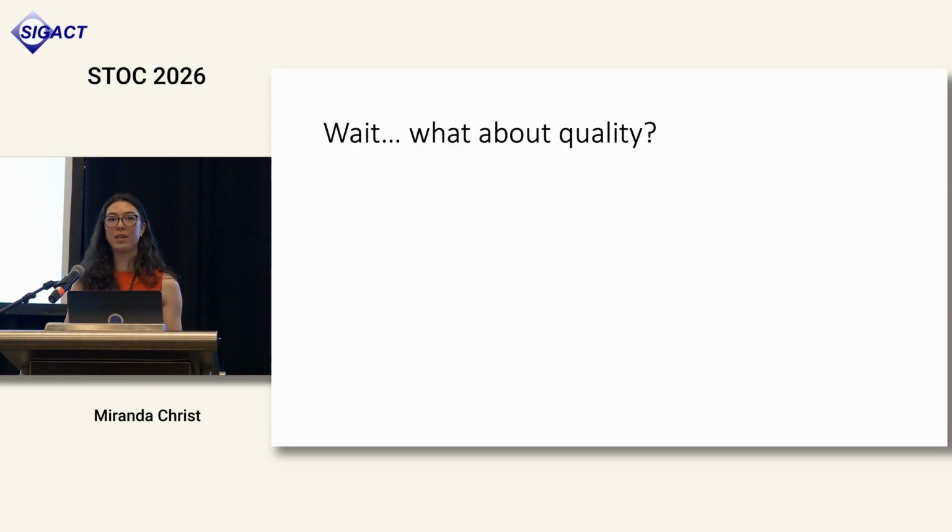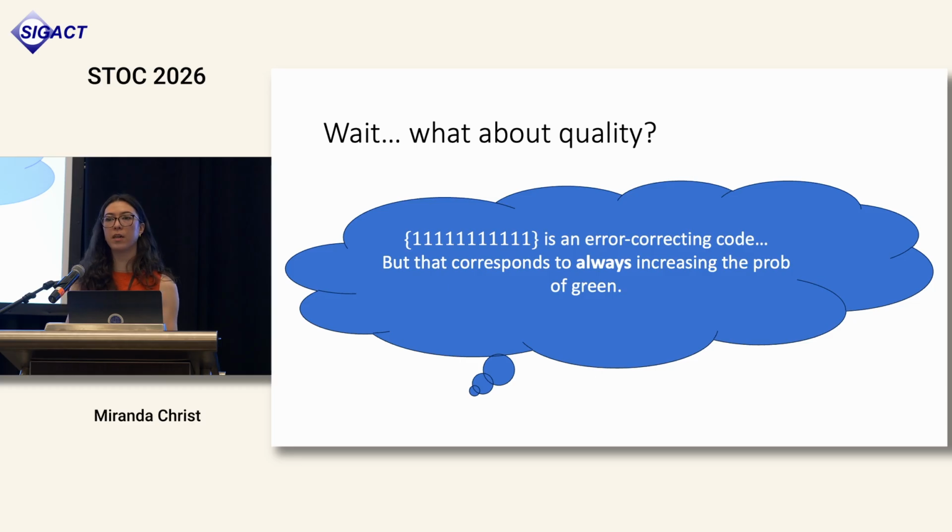But one problem here is, remember our goal was undetectability, right? We wanted the watermarked model to be computationally indistinguishable from the original model. And now we've gone and replaced the randomness used by the sampler with code words. And so we don't really know how this is affecting its distribution. And in particular, you could think of using a bad error correcting code, say one where the only code word is all ones.